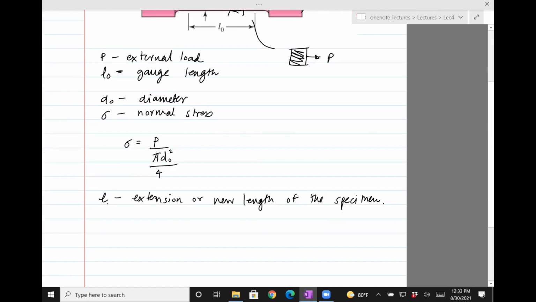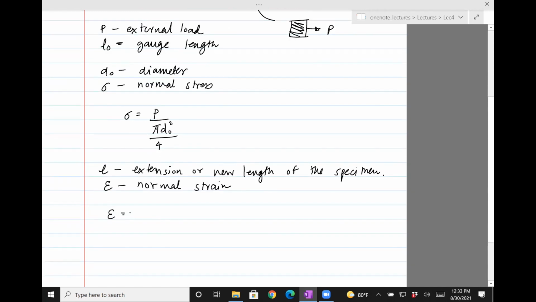So now, once we have the specimen stretching, we can define a strain, which in this case is associated with a normal stress. It's called a normal strain. The definition for normal strain is the change in length divided by the original length. Strain has no units; it's dimensionless.